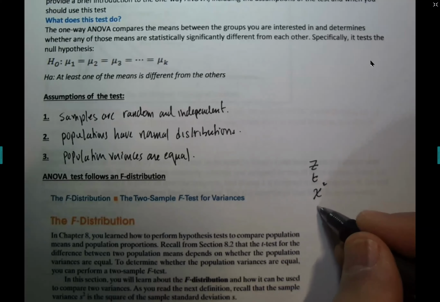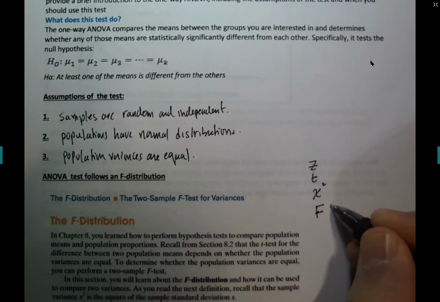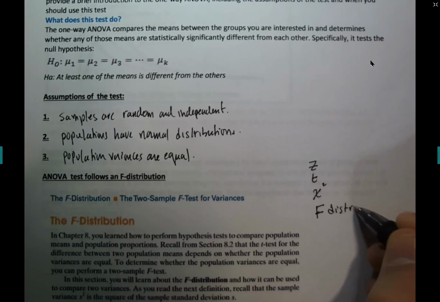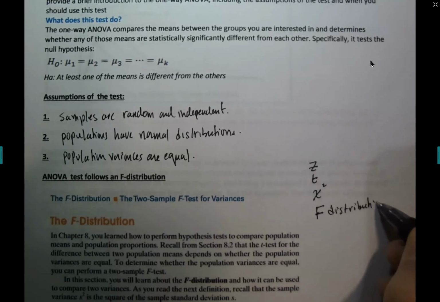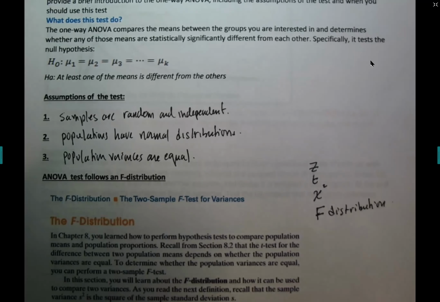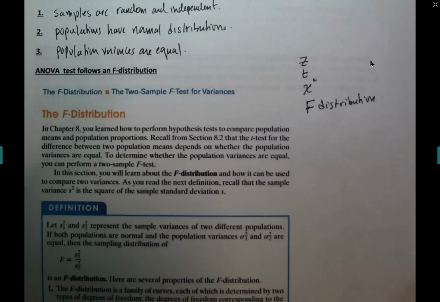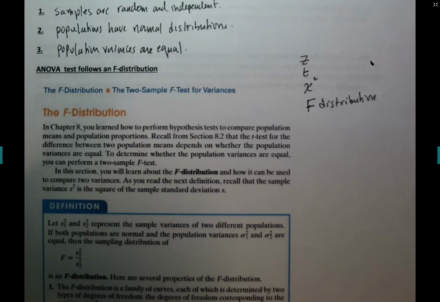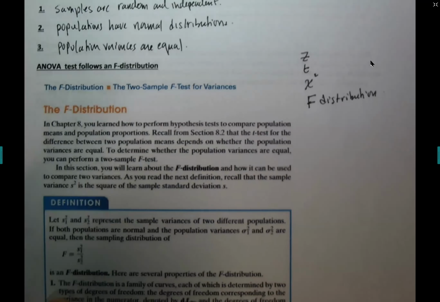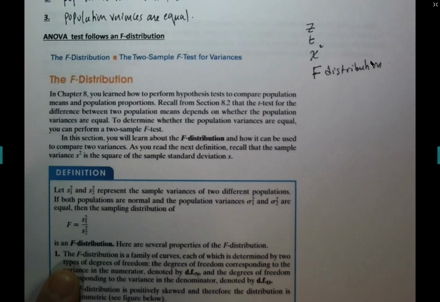And the last distribution we'll be using to perform this analysis of variance is called the F distribution. And I'll show you how this F distribution works. Just learn the definition, guys, but you don't have to worry about it much. You just use the program that's built into the calculator.